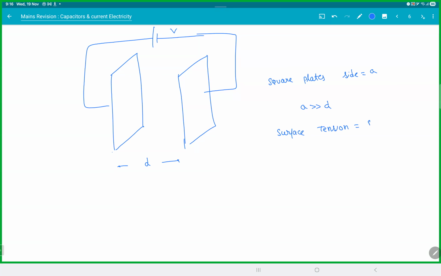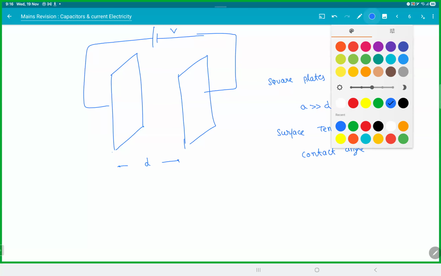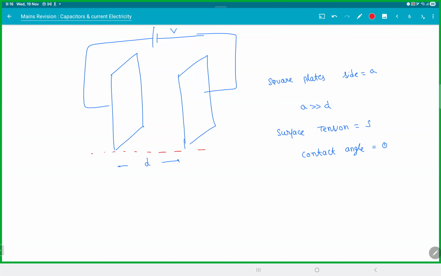And let's say surface tension is S and contact angle is theta. And let's say you keep this just above a liquid.